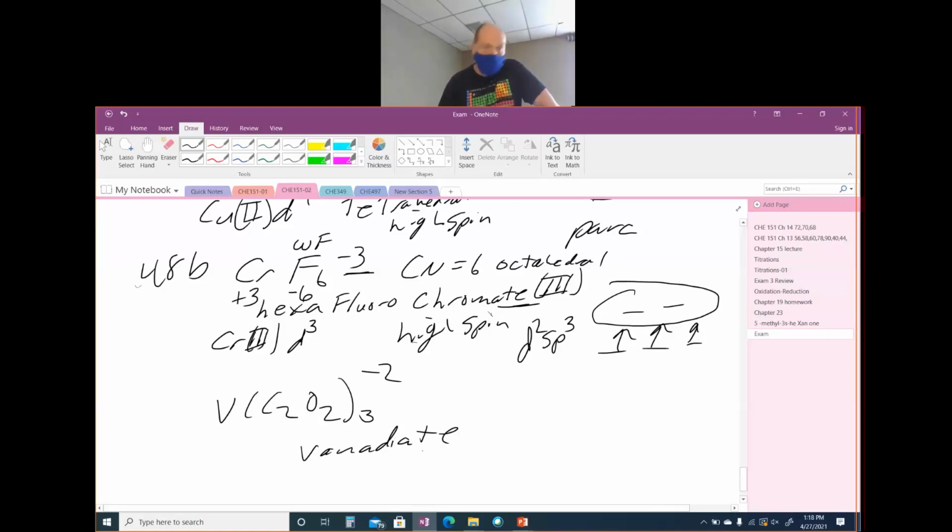Anyway, it has to end in -ate because it is negative 2. And this is oxalic acid, so it's oxalate. But as a ligand, it ends in -o. That is oxalato. And so this is a trioxalato.